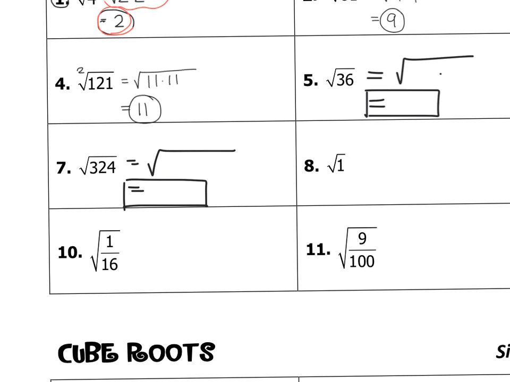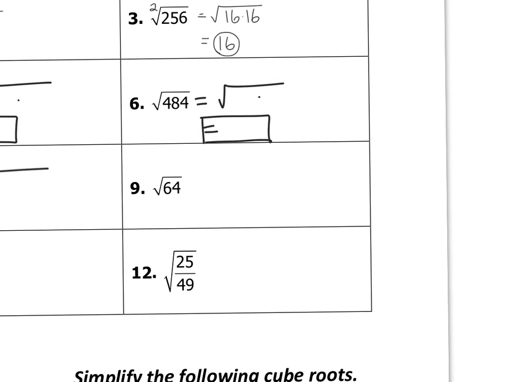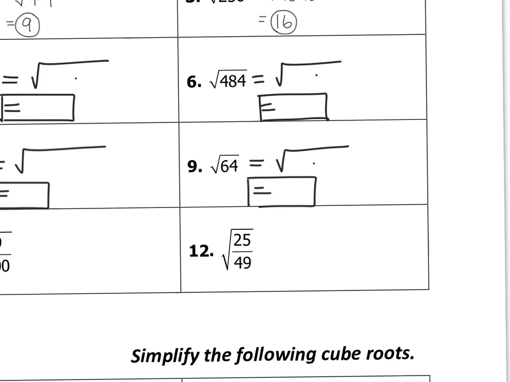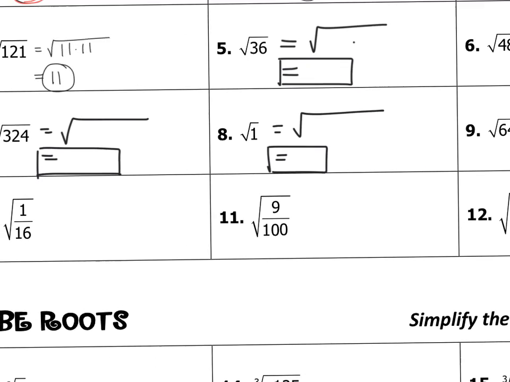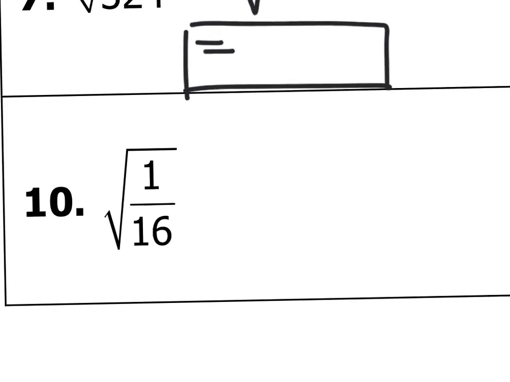What number multiplied by itself gives us 324? What number multiplied by itself gives us 1? What number multiplied by itself gives us 64? After you've solved those questions, let's go ahead and look at number 10, 11, and 12.